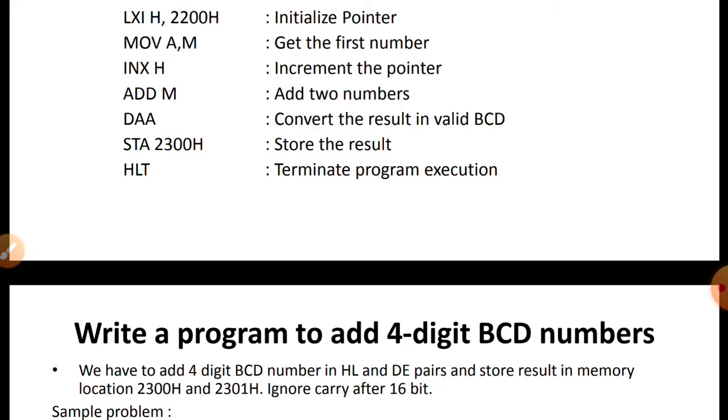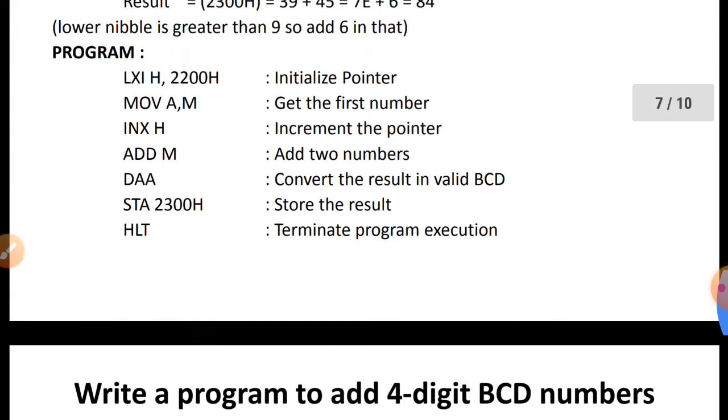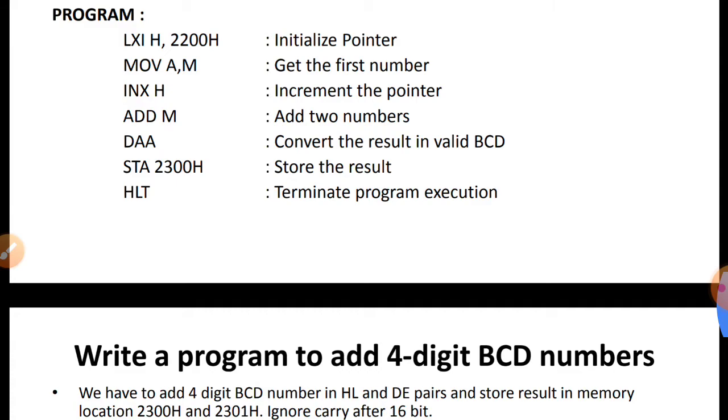After the ADD M instruction, there is the DAA instruction. Whenever we are adding the content of 2201 with the content of 2200, where the content of 2200 is available in the accumulator and the content of memory is available at 2201, when these two numbers are added, it may be possible that the result stored in the accumulator is not in the correct BCD form.